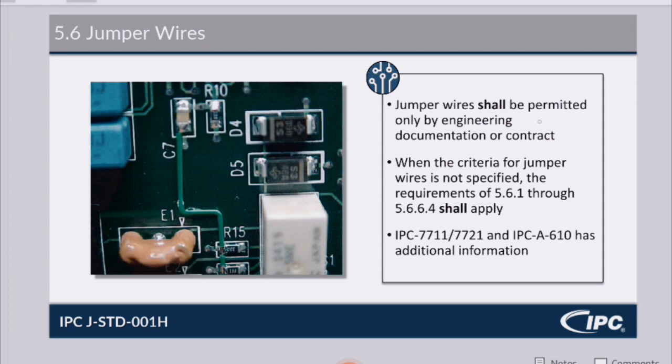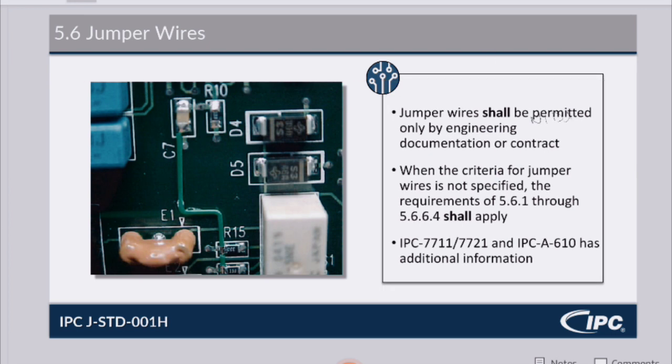That is N1, D2, D3. When the criteria for jumper wires is not specified by engineering documentation, the requirements of 5.6.1 through 5.6.6.4 shall apply. And that would be a defect for all three classes if not.